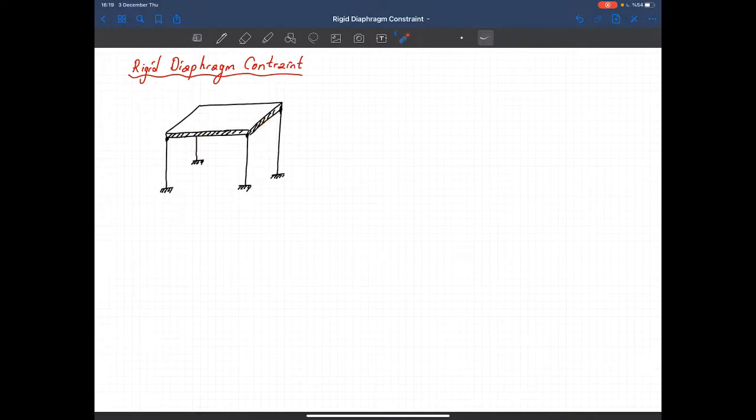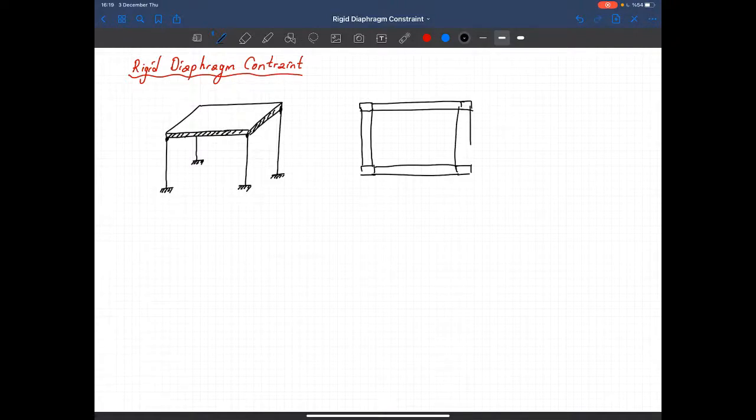So in order to simplify that type of structures, let me draw a plan view. We usually have columns at 4 corners, and sometimes we have beams connecting the columns. And we have the slab at the top.